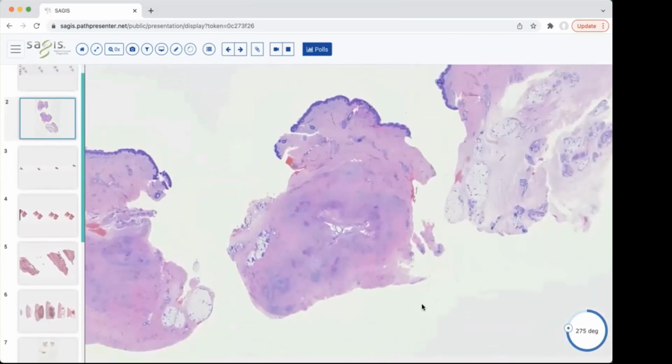This is also one that I think becomes more apparent at the low power than if you were to zoom in on 20x right away. And so starting low here, I think that you can also see, again, that situated sort of here in the reticular dermis, there's again a palisade. It might be difficult if you haven't looked at too many slides before to say that this is going to be granulomatous inflammation.